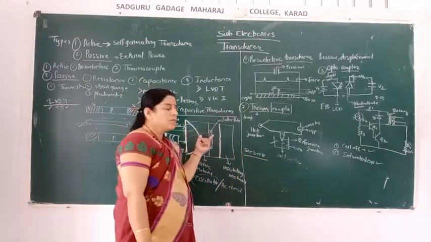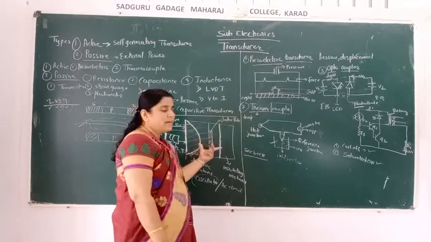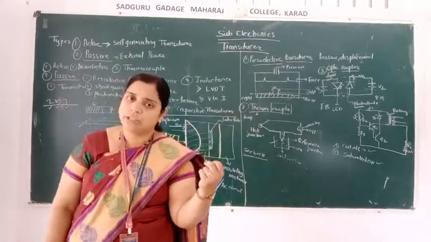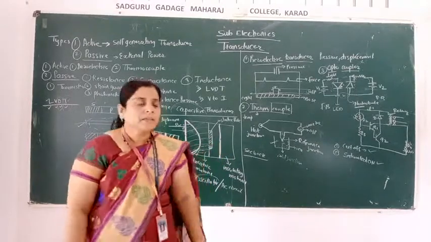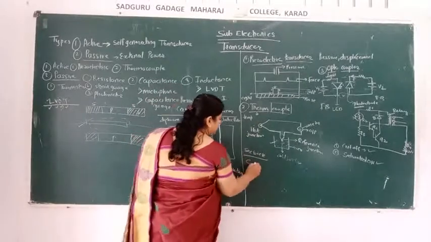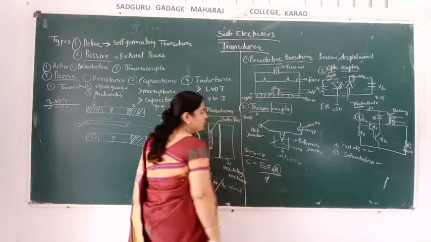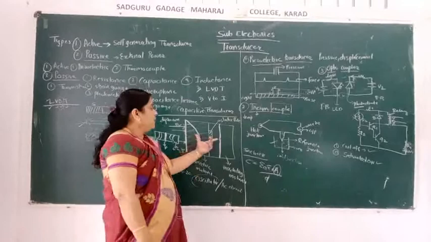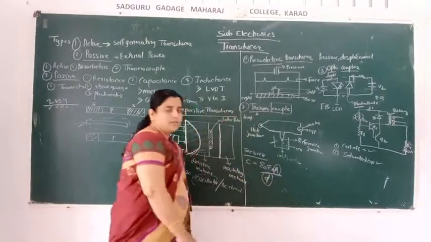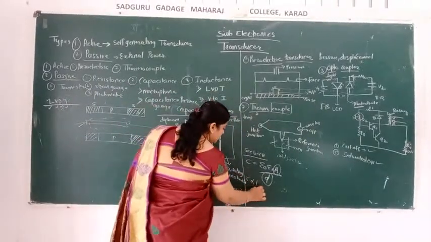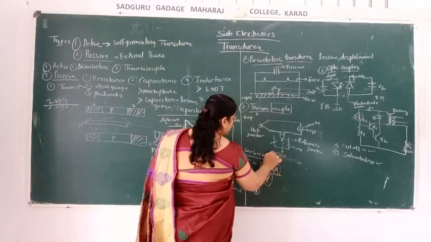Therefore, in a capacitive transducer, if pressure is applied on the diaphragm, the distance between these two plates will change, and if the distance changes, its frequency will change. Capacitor has the formula C is equal to epsilon 0 epsilon R A upon D. So C is directly proportional to the area of the plate, but inversely proportional to the distance between the two parallel plates.